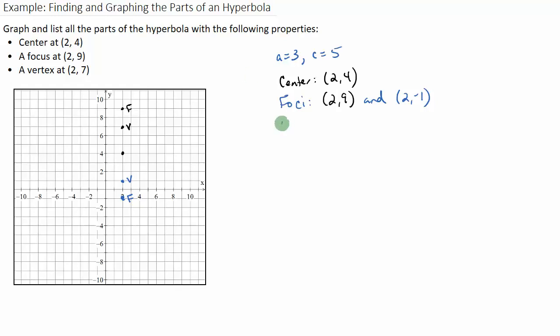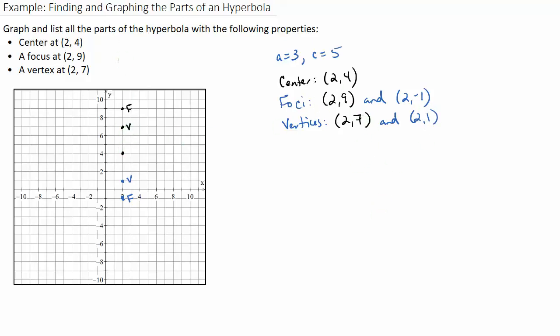We have the vertices, one of those was given as well. That was 2, 7, the top one over here, and the lower one is the ordered pair 2, 1. Okay, so we're off to a good start here.